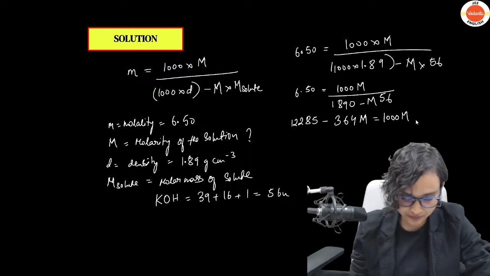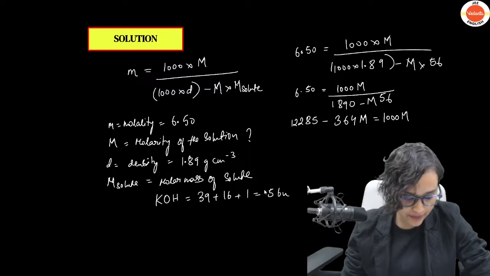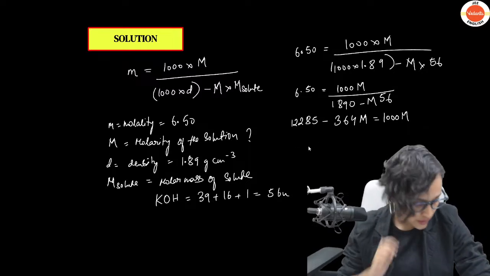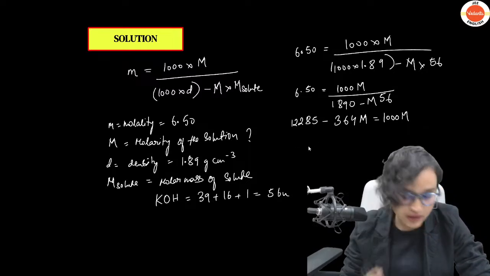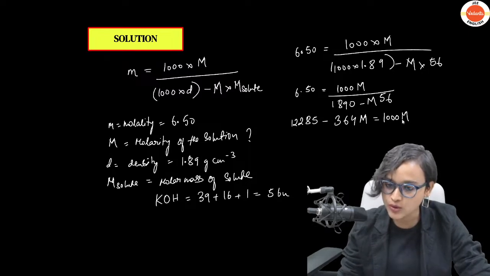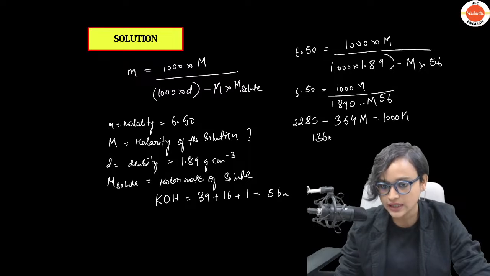Now 1000 can be shifted here, or 364 can be shifted here. So it's basically 1364 M is equal to 12,285.